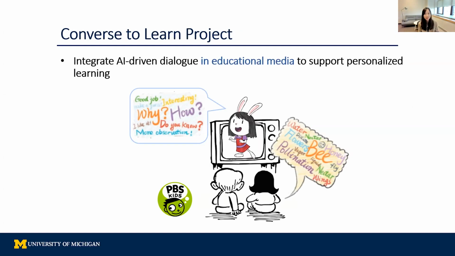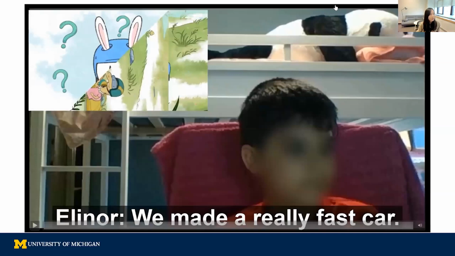In these conversational videos, Eleanor is powered by AI to engage with children by asking questions and replying to them. Eleanor's questions usually involve prompting children to explain or make observations about the scenes in the story. Now I'm going to share with you a 30-second video of how a child talks with Eleanor.